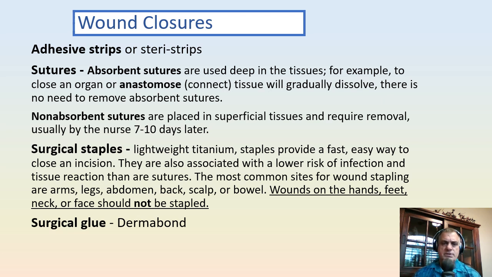Those bony prominences have to be closed with a suture. And then we'll talk about the next level. But those have to be removed, usually by us, 7 to 10 days later.